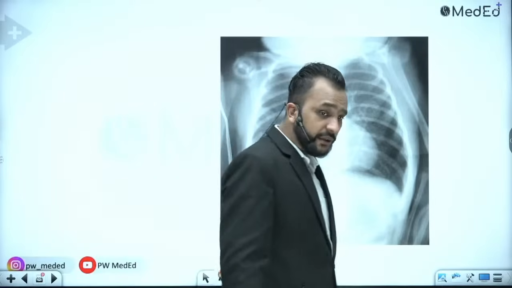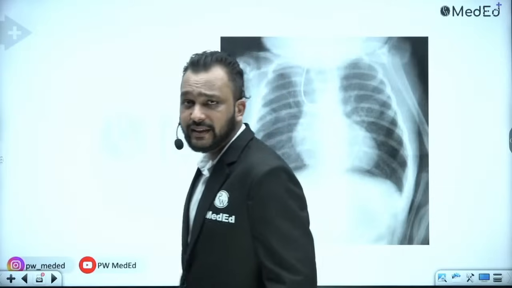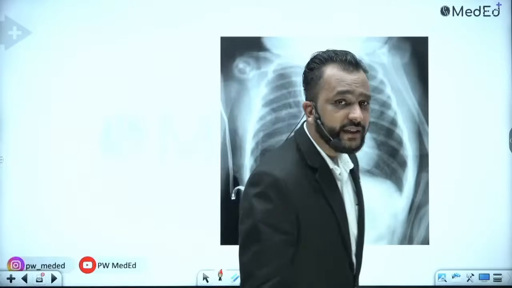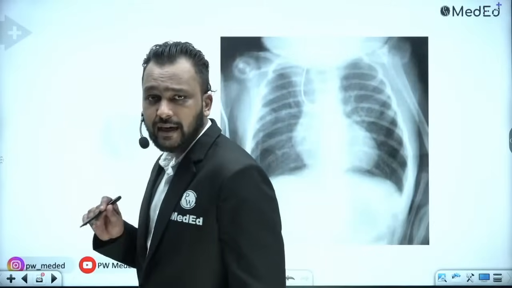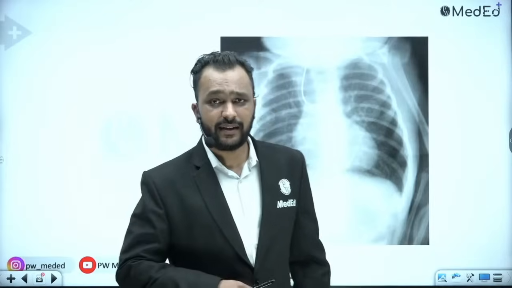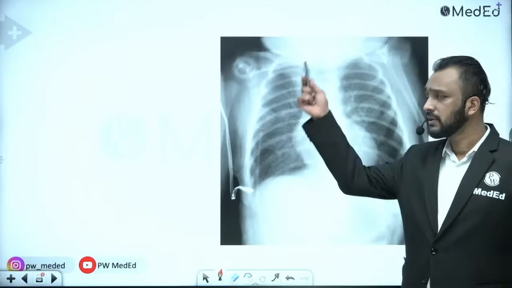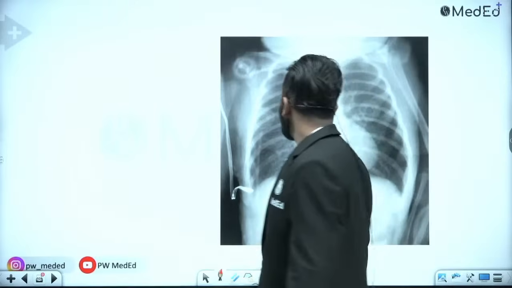Now this was a neonate presented with breathing difficulties and feeding difficulties. The pediatrician was trying to insert this NG tube, and after that an X-ray was done for this patient. You see that there is coiling of the NG tube.